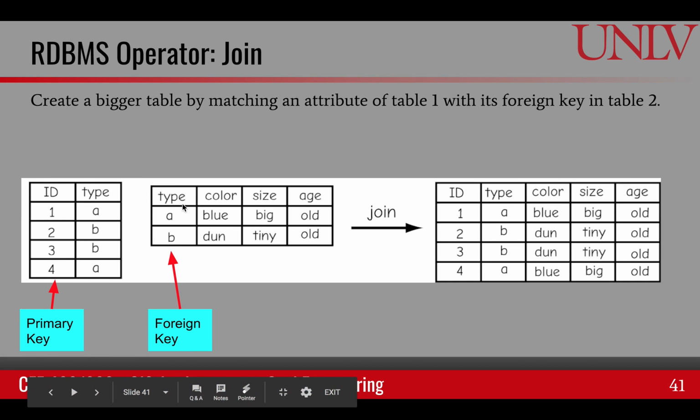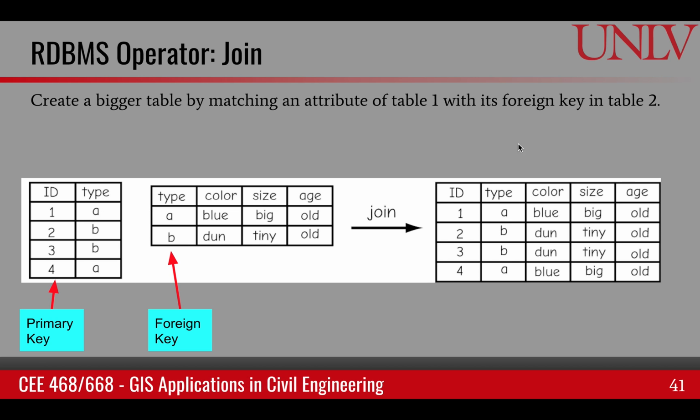So in this case, we have a foreign key and a corresponding primary key in the first table, and then we join them to form a bigger table where if we are looking at the ID and type, so where we have A, we have 3 more columns, color, size, and age, and the corresponding values for the A type from the second table will be added or placed in the bigger table. And this way we end up creating a bigger table.